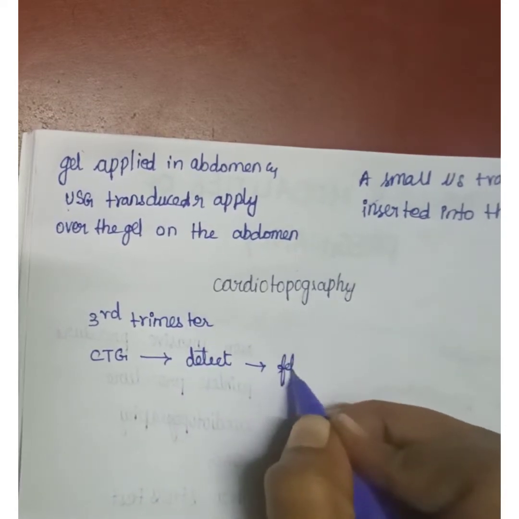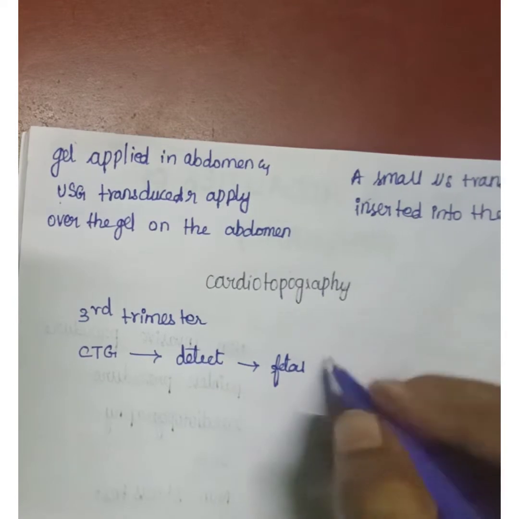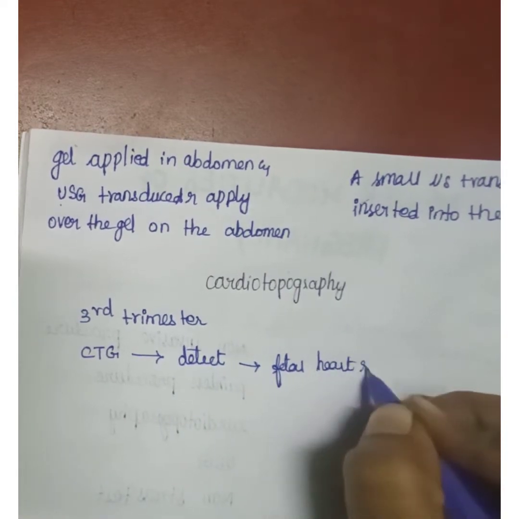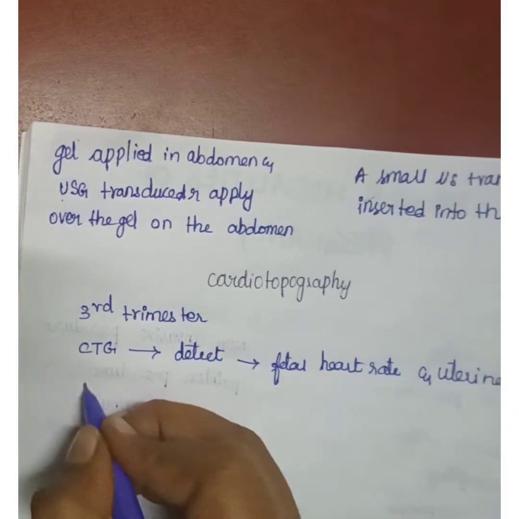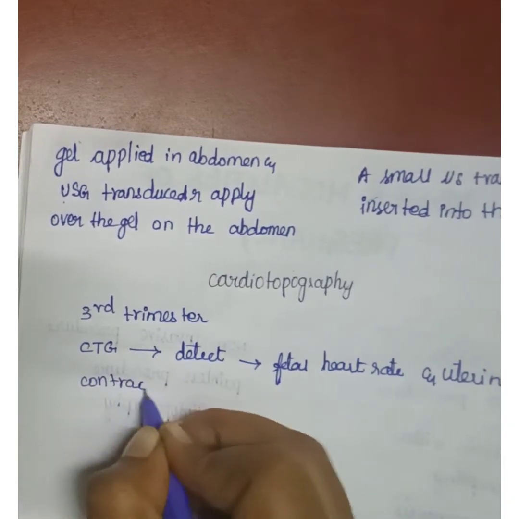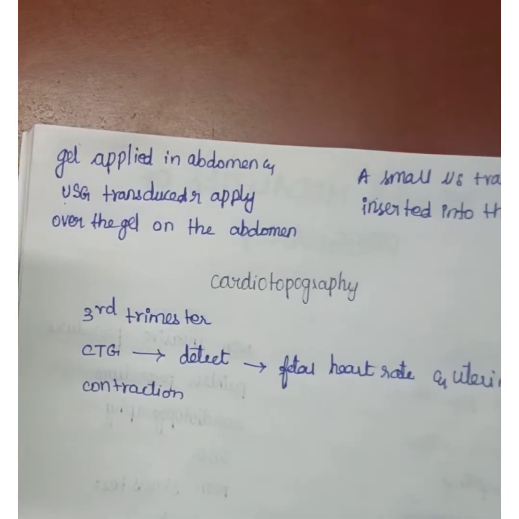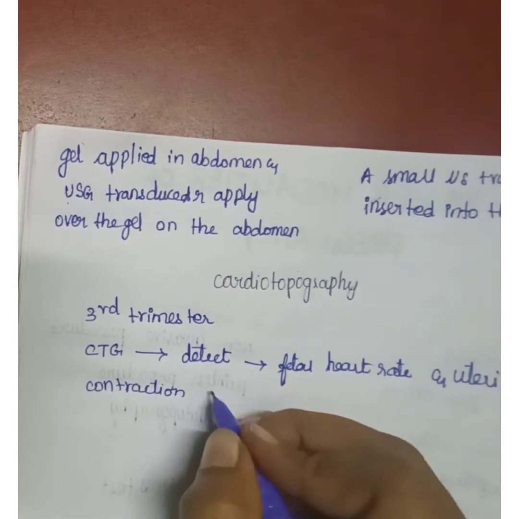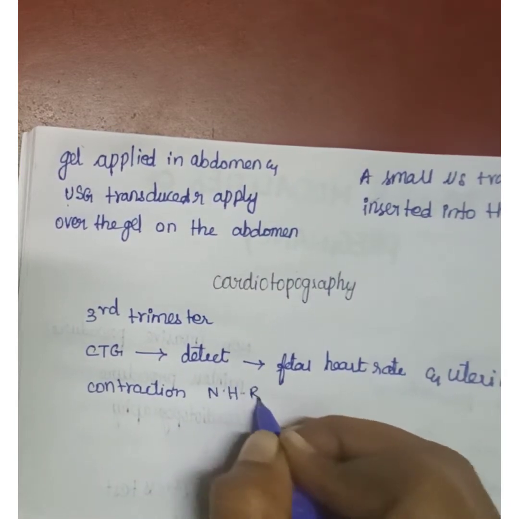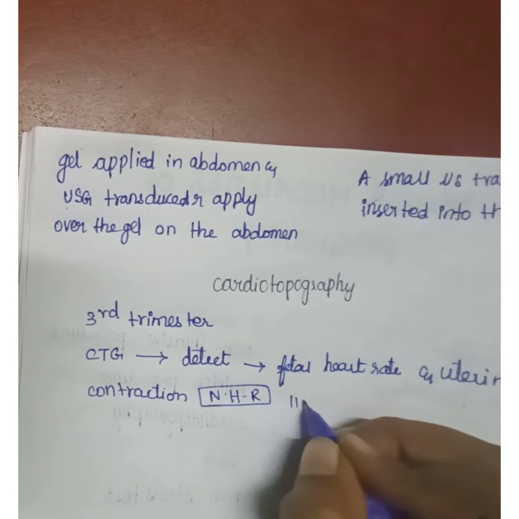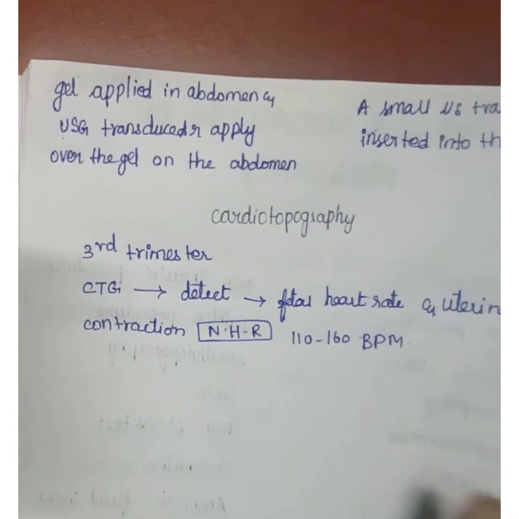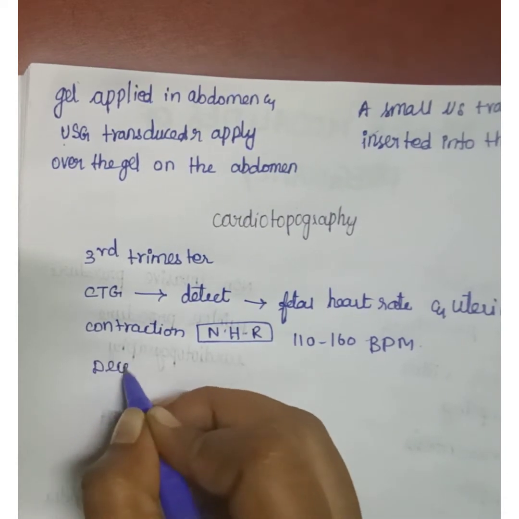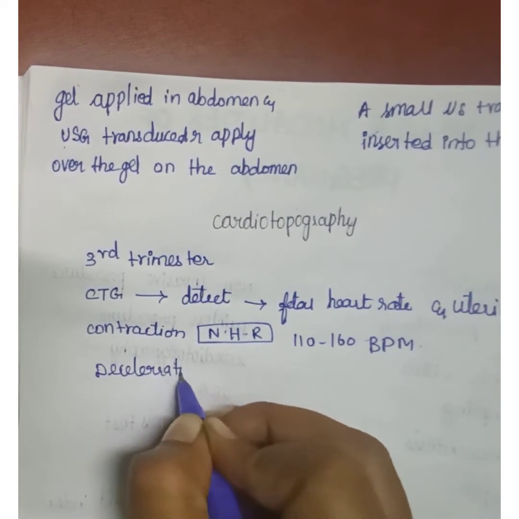CTG is used to detect the fetal heart rate and uterine contraction. Normal heart rate is 110 to 160 beats per minute. Here there is deceleration and acceleration.